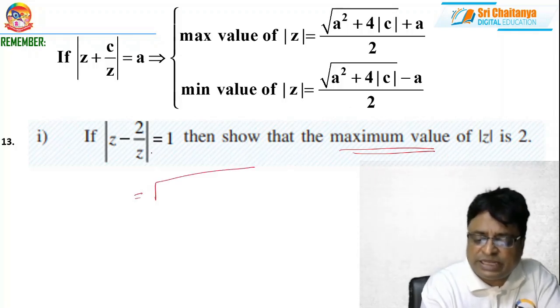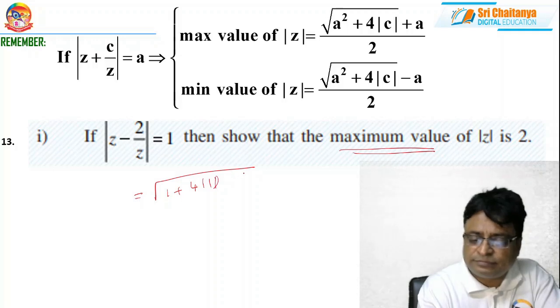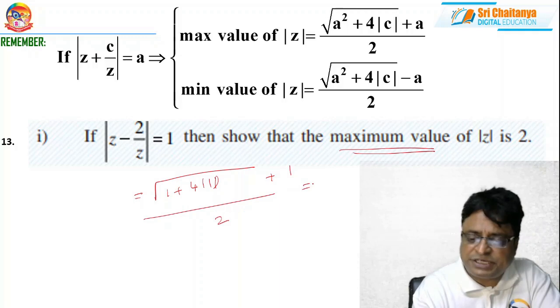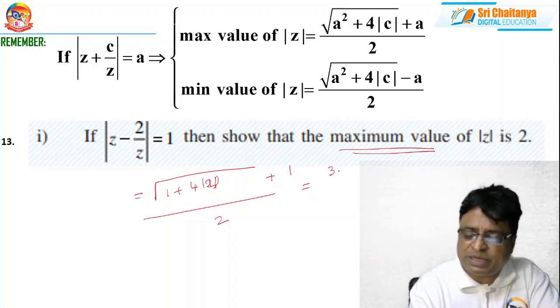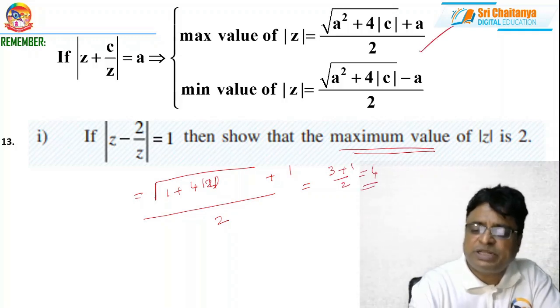Root of a square plus 4 mod c, that means root of 1 plus 4 times 2, plus a, that is 1, all by 2. After simplification, c is 2, so this is root 9, that is 3, plus 1, by 2. The answer is 4. So apply this formula and you can get it.